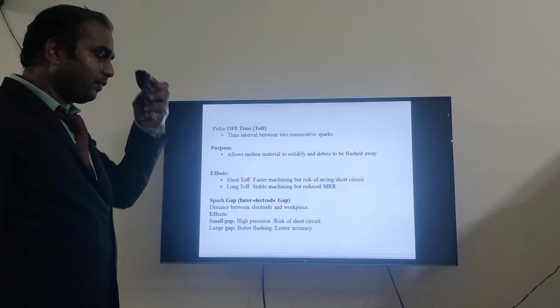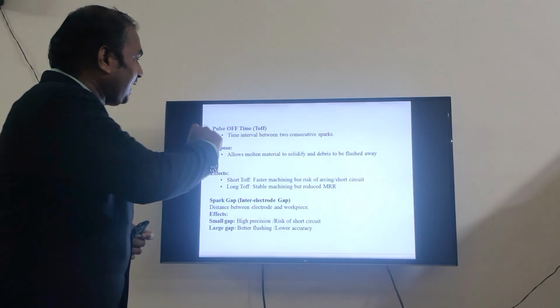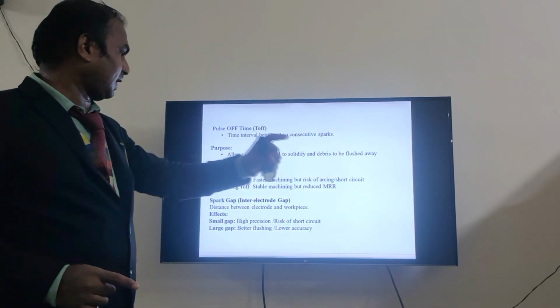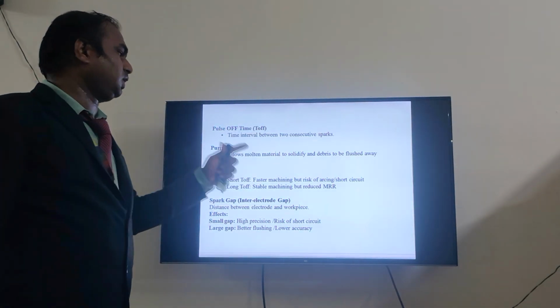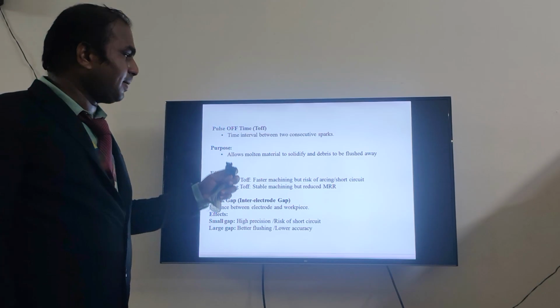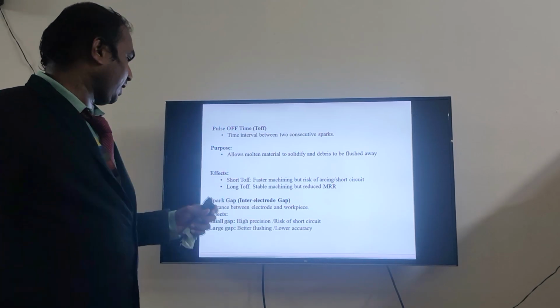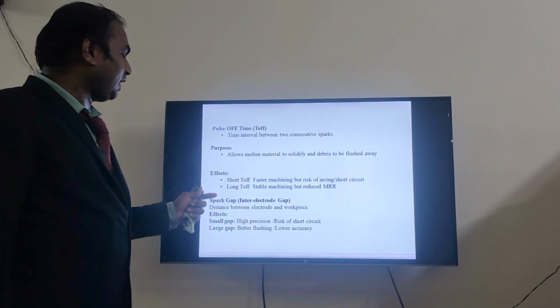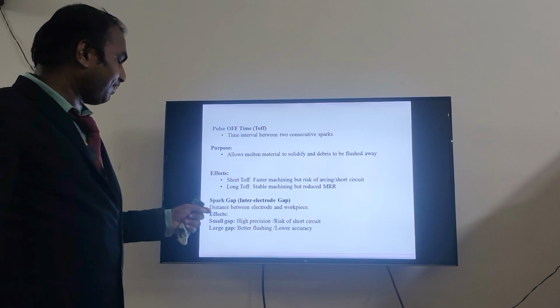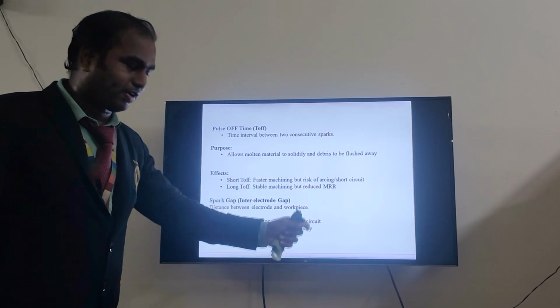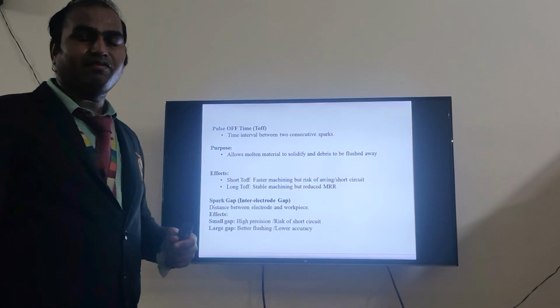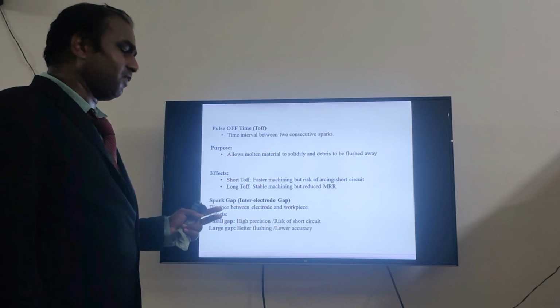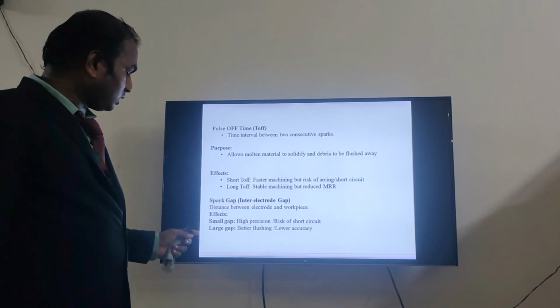So next is pulse off time. Pulse off time is the time between two consecutive sparks. Its purpose is to allow the molten material to solidify and the debris to be flushed away. The effect is the T-off and T-on, right? The spark gap is the distance between the electrode and the workpiece, where the effects are obtained in two ways: a large gap and a smaller gap.